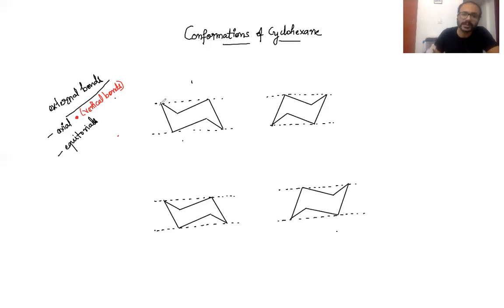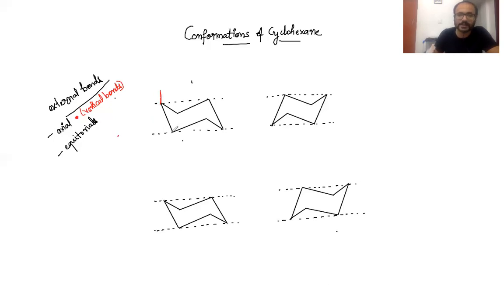Now, let me start with this particular carbon atom. At this carbon atom, I'll draw the axial bond in this manner. So this would be the axial bond at this particular carbon. Why I drew the axial bond in this fashion is because this particular vertex is pointed in the upward direction. That's why the axial bond would be in the upward direction.